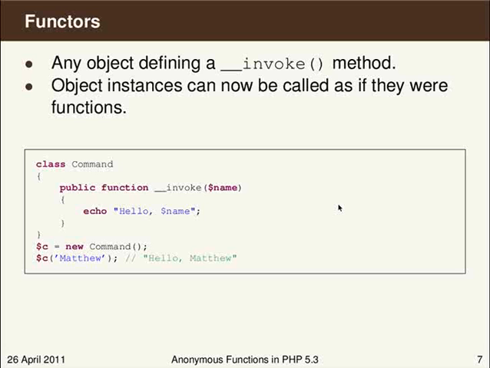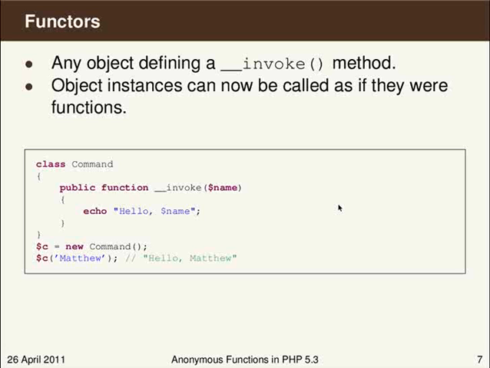When you define that method, if you have an instance of the class, you can now simply call it as if it was a function. In this particular example, we have a class called Command, and the Command class defines this __invoke, and it accepts an argument in this particular case.